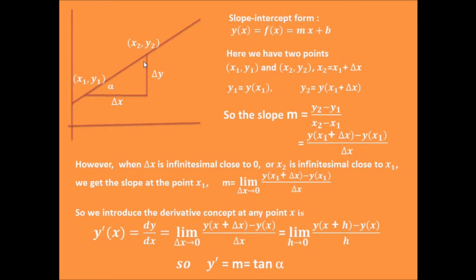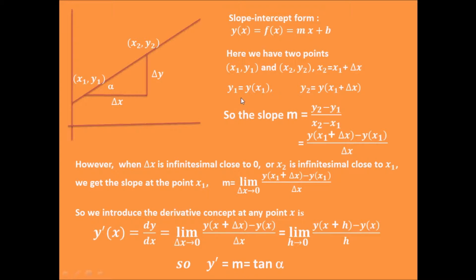As we mentioned before, any line equation can be written in slope-intercept form, which is y equals mx plus b. Here we have 2 points (x1, y1) and (x2, y2), and x2 equals x1 plus delta x.